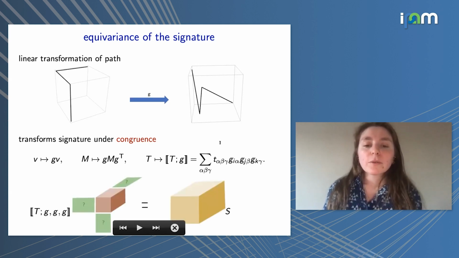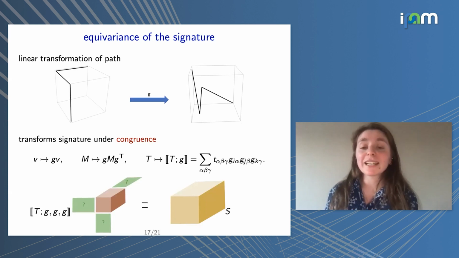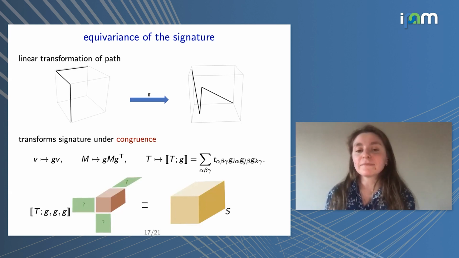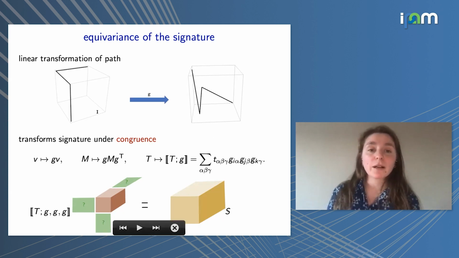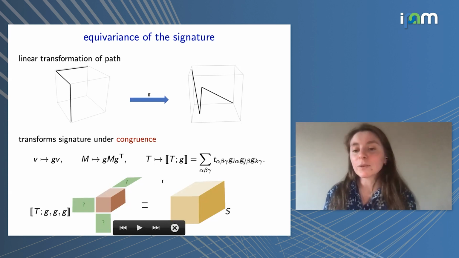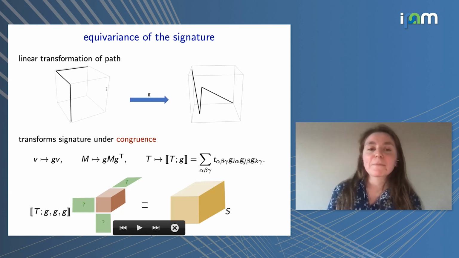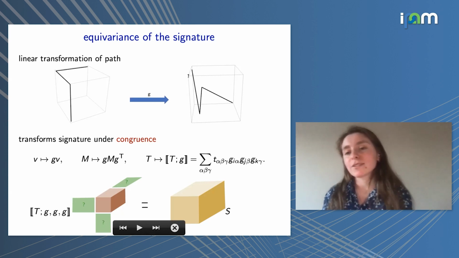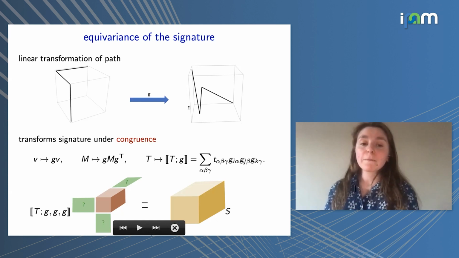So this says that if we want to relate the signature of 2 different paths, let's say we have this path here and we know its signature, and maybe at level 3 its signature is given like this, and then we have some other signature and we want to find the group element that transforms our path to this unknown path, or equivalently we want to actually just know what this path is.